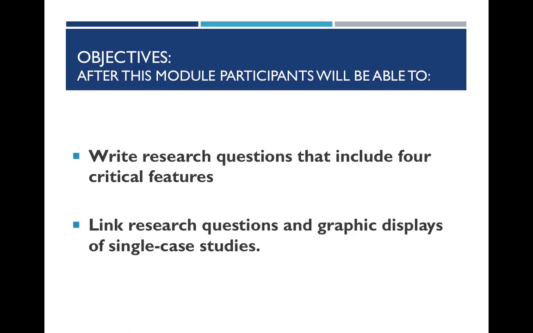The second is linking research questions and the actual methodology and results of a single case designed study. One of the critical outcomes is you should be able to look at a graph and from that graph infer the critical features of what the research question looked like. So let's delve instantly into the meat.